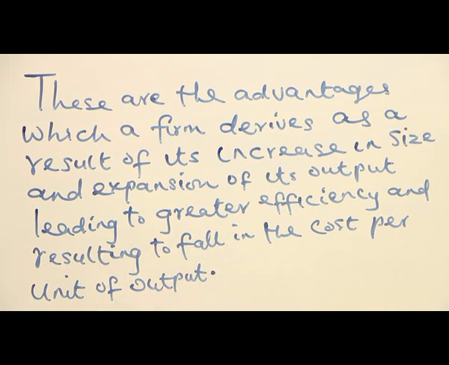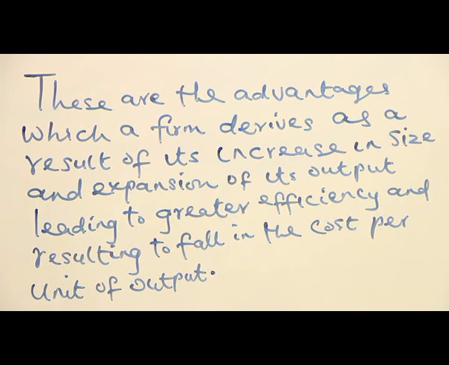Now, when we are talking about internal economy of scale, we are looking at the single effort of a firm toward increase in its size and expansion of its output. If you can have an increase in size and expansion of the output, then we are expecting such to lead to greater efficiency. And once there is greater efficiency in the activities of a firm, we expect a fall in the cost per unit of its output. So by having this, it implies internal economies of scale.